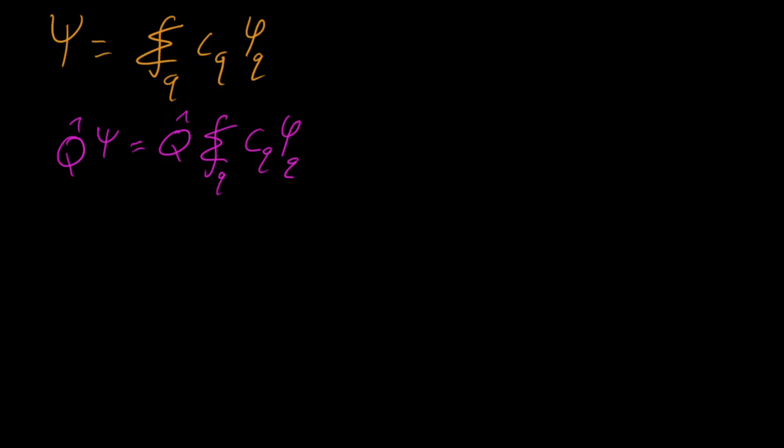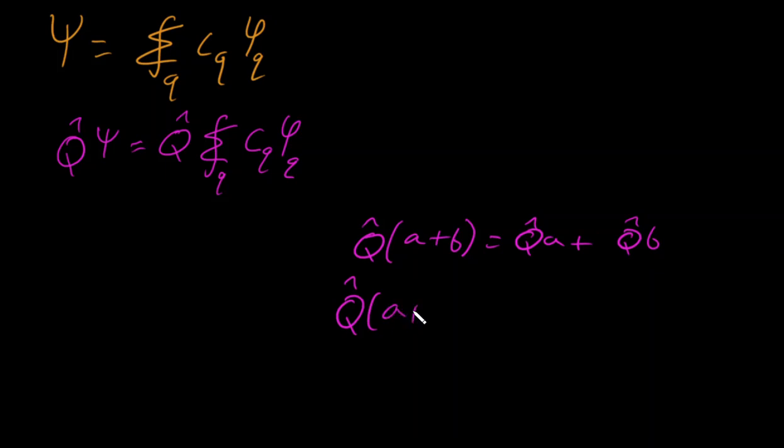Now we have to remember that q hat is linear. One of the properties of a linear operator is that q hat on a plus b is q hat on a plus q hat on b. If I had q hat on a plus b plus c, this would be q hat on a plus q hat on b plus q hat on c.